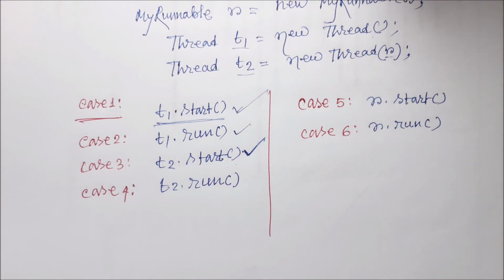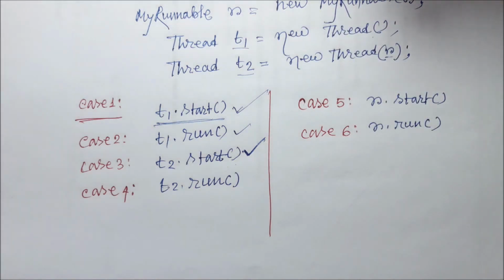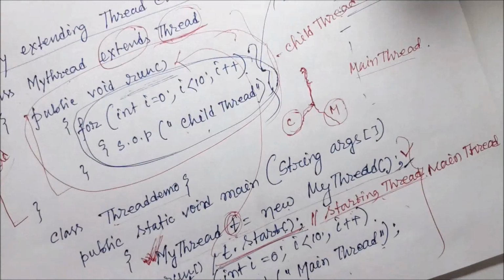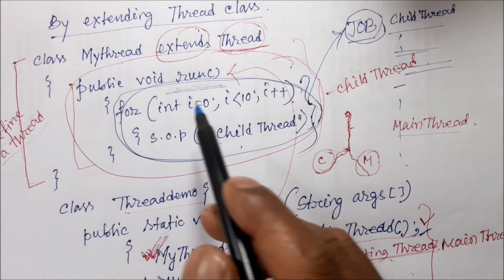Of course, when we call the start method, that new thread will be created, and this new thread is responsible for executing my runnable class run method. So my runnable run method will be executed.